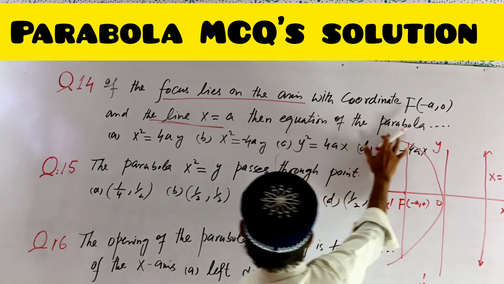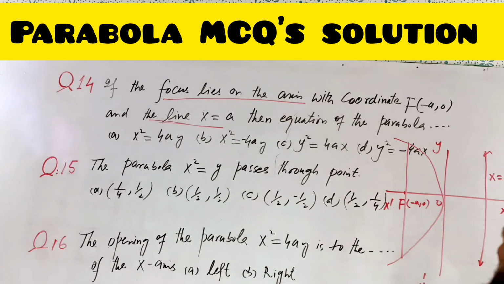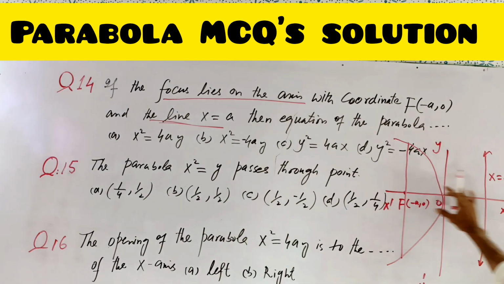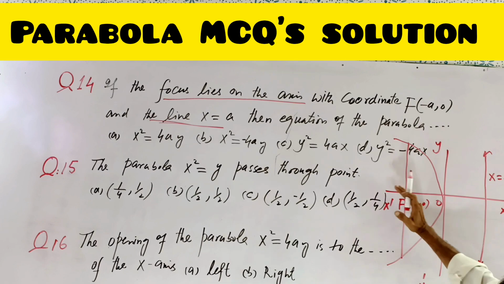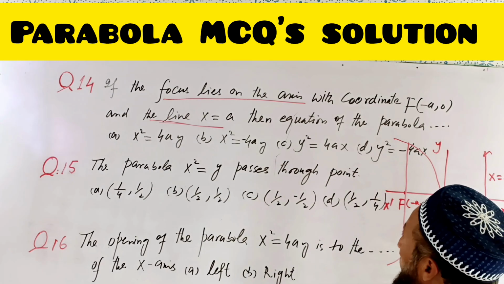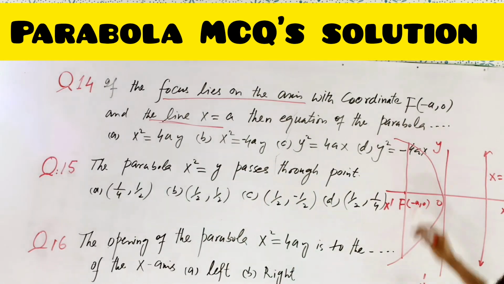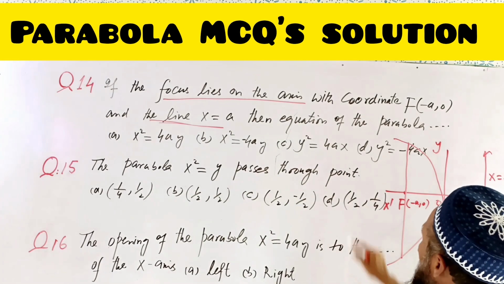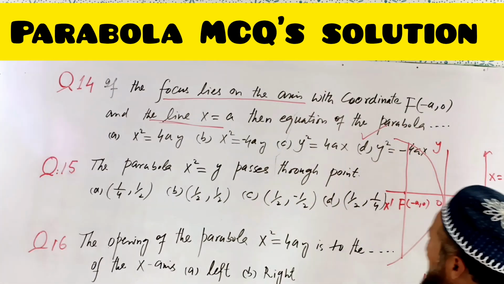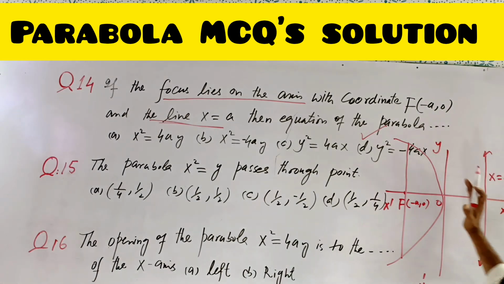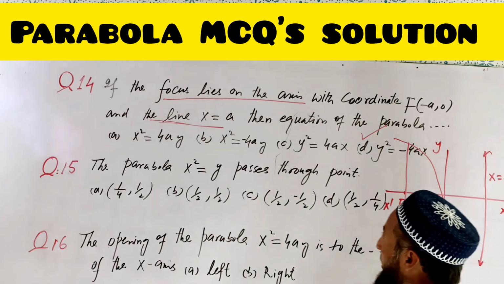So the equation of the parabola along the x-axis, on the left side, is y square is equal to minus 4ax. Here a is a positive value, so option D is the correct option, because the parabola is making on the left side along the x-axis. So y square is equal to minus 4ax.